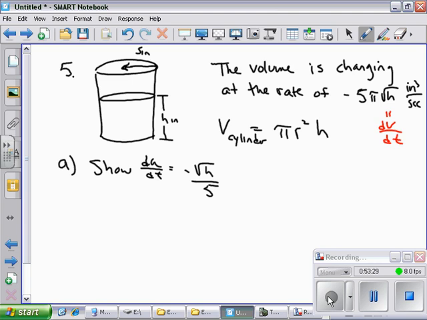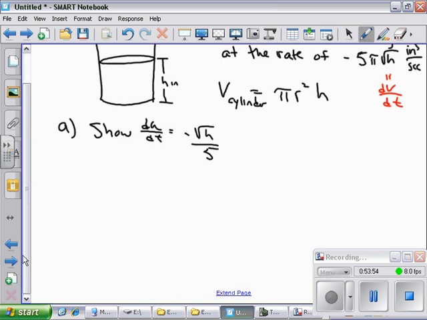They gave you the volume of a cylinder, and this liquid is in the shape of a cylinder, so that's helpful. And they want us to find dh/dt. And not only do they want us to find this, they told us what the answer is, just so we know we got the right answer. They said, show that dh/dt is square root of h over 5. So we have dV/dt, we want dh/dt, and hopefully it'll turn out to be this.